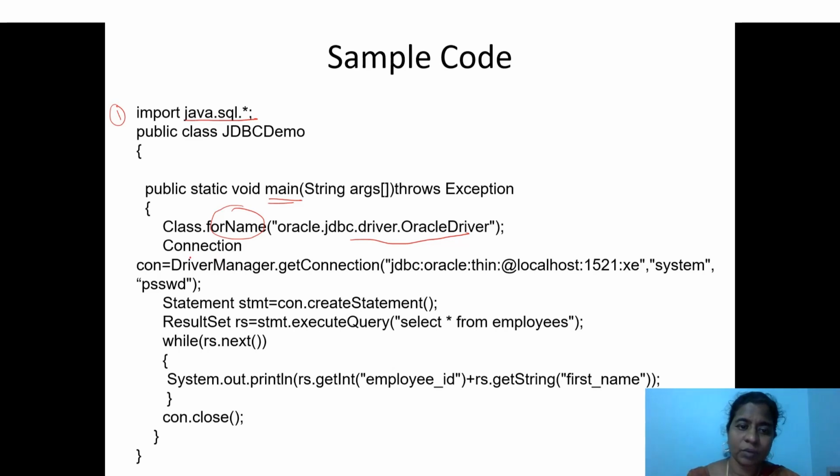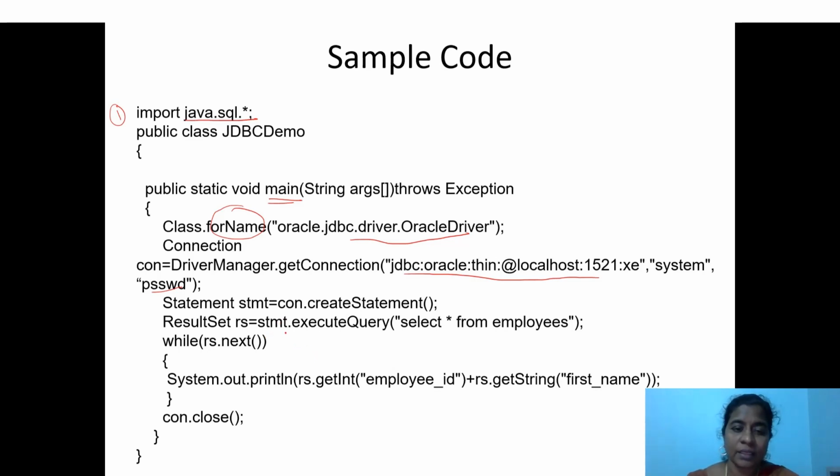The second step is you have to establish the connection. You all know how to do that using the getConnection method. The important thing is you have to give the URL properly without any mistake, then only it will work. Then you have to create the statement object, and the retrieved result will be available in the result set.